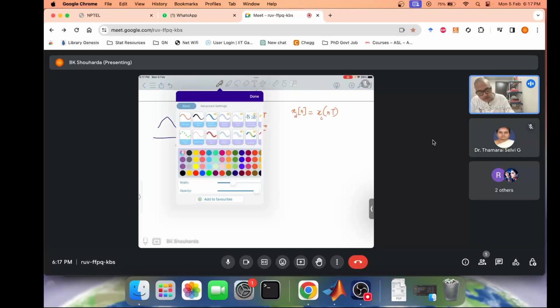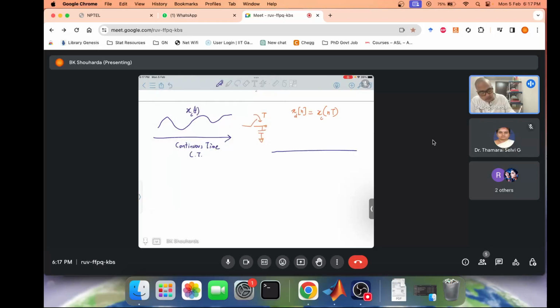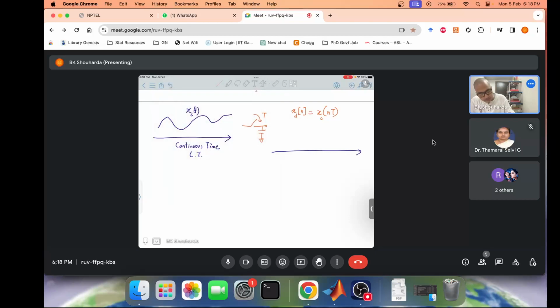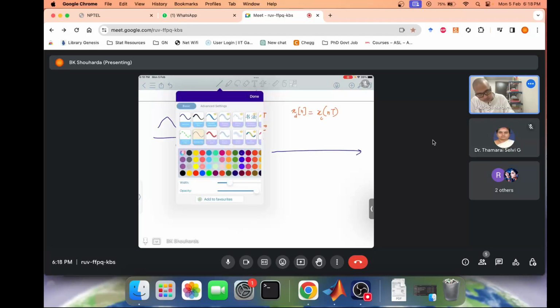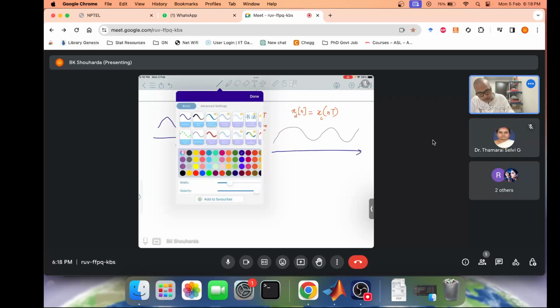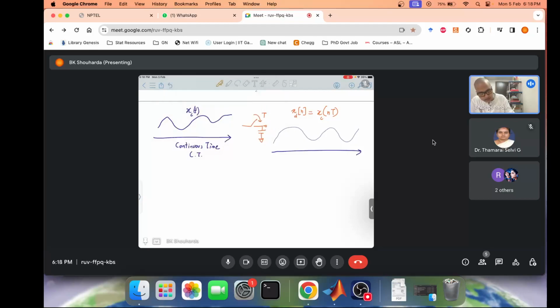How can we visualize that through our diagrams? Let's say this was our continuous time signal, and when we need to capture the discrete time signal at time instant 0, I captured this. At time instant T, I captured this.